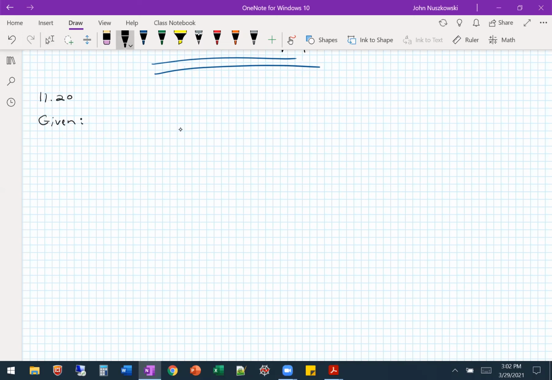All right, so 11.20 says a concentric tube heat exchanger for cooling lubricating oil consists of a thin-walled inner tube of 25 millimeters diameter carrying water and an outer tube of 45 millimeter diameter carrying the oil.